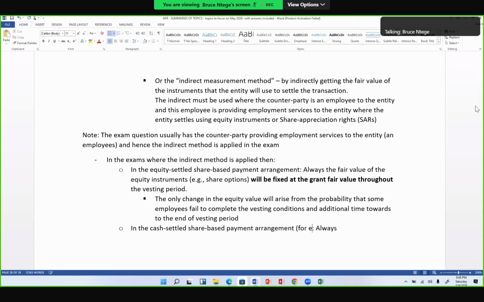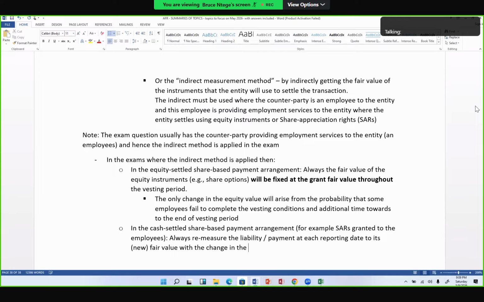At each reporting date to its new fair value. So every year it has a new fair value, with the change in the fair value taken to the P&L. So whatever will go in the P&L will be that change.